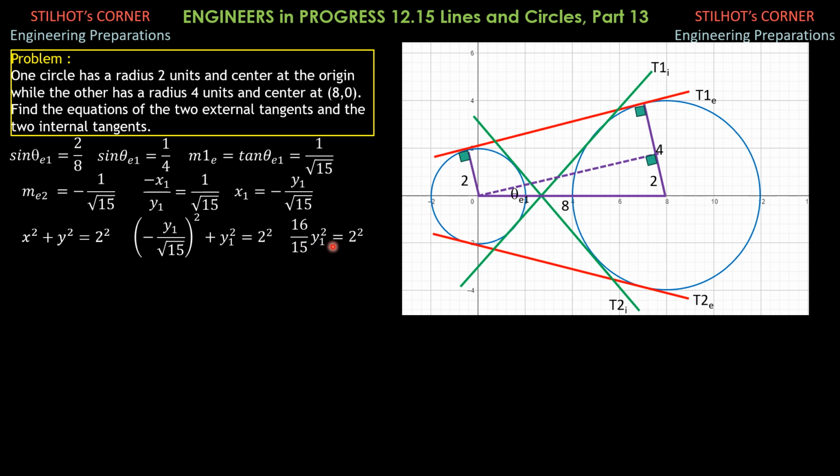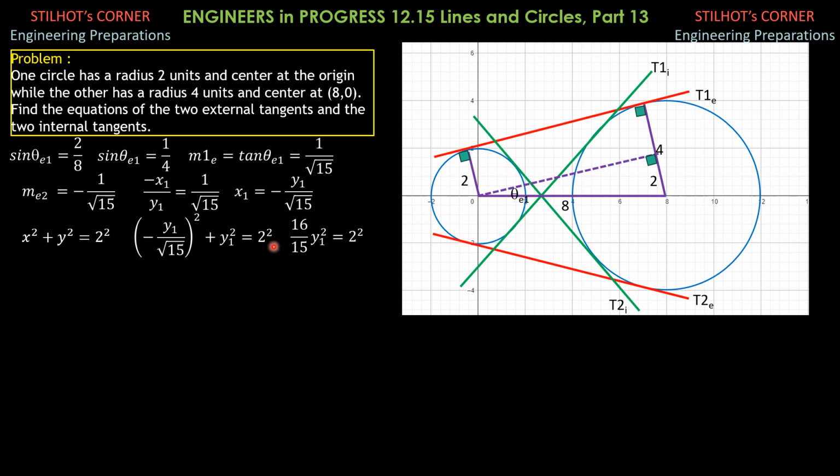So y1 therefore is plus or minus, supposedly plus in the second quadrant, but the other point of tangency by symmetry is here, where both x1 and y1 are negative. So x1 is negative here and y1 is also negative at this point of tangency.